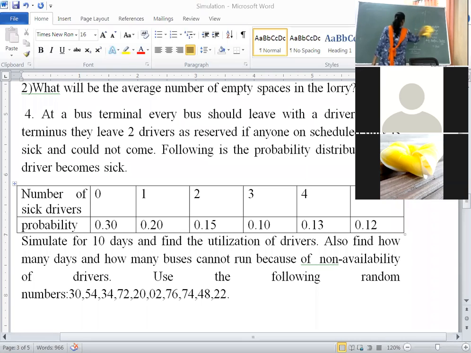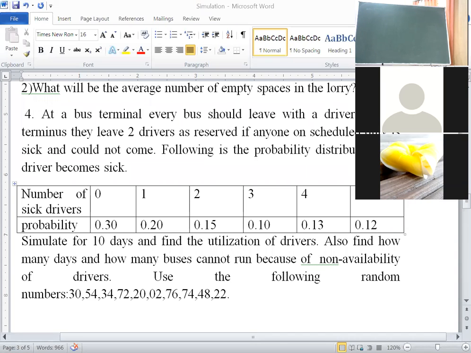Take 2 minutes and read the question carefully. Yesterday, the way we wrote the similar problem, we have to write the same way.